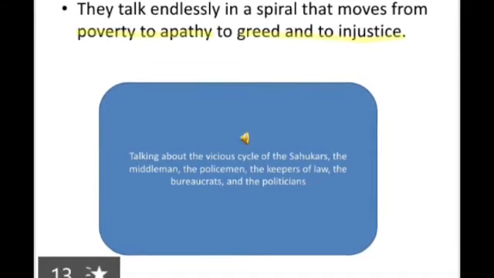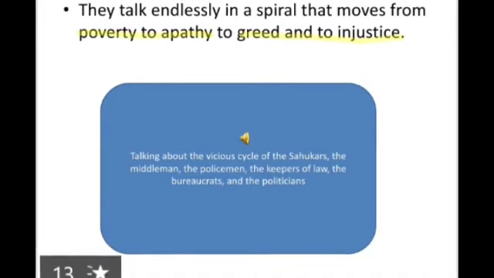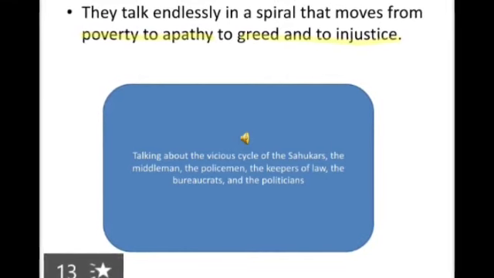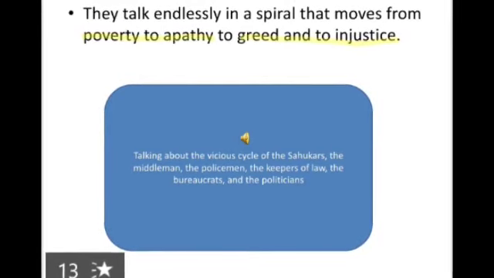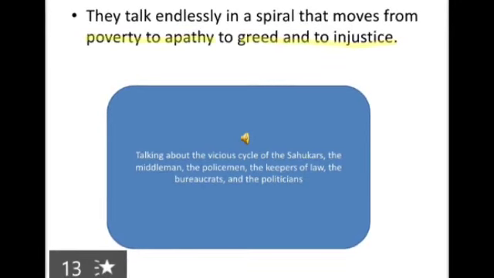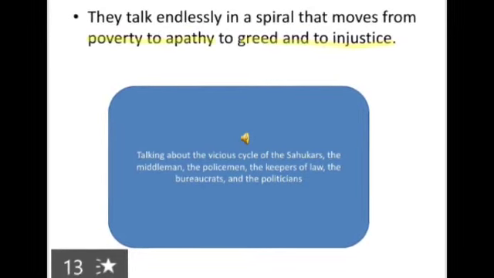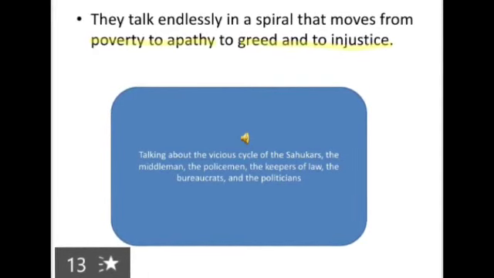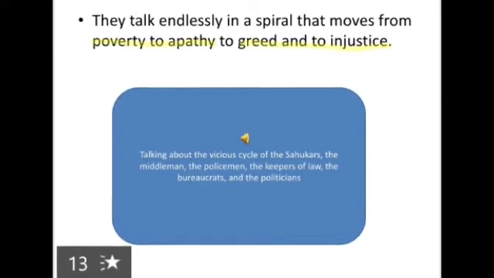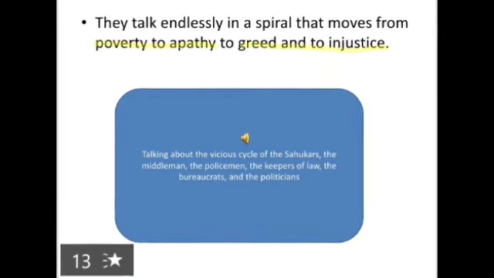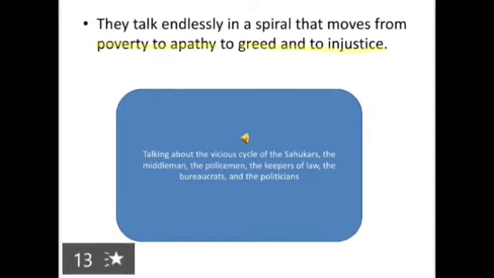This statement is all about the vicious cycle of the sahukars, the middlemen, the policemen, the keepers of law, the bureaucrats and the politicians. And for the poor, it is very, very difficult to break this cycle because they are not in power to refuse and to live life according to their choice.